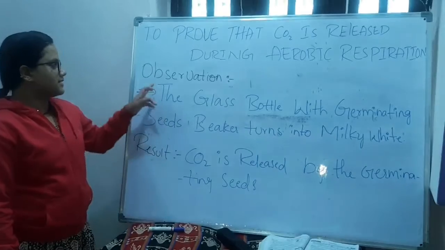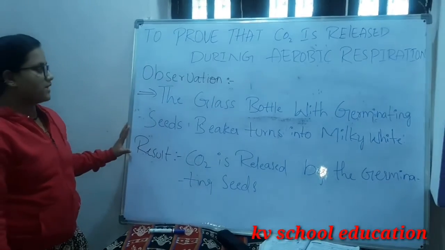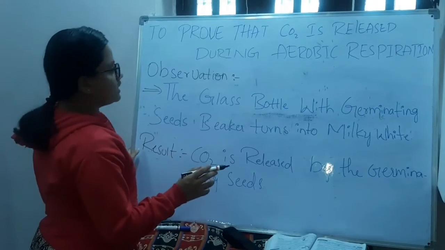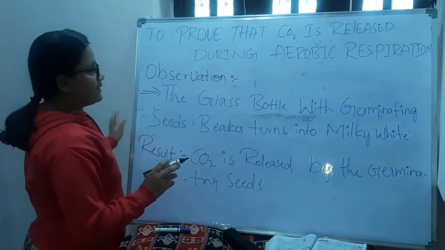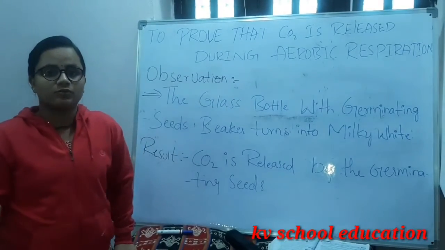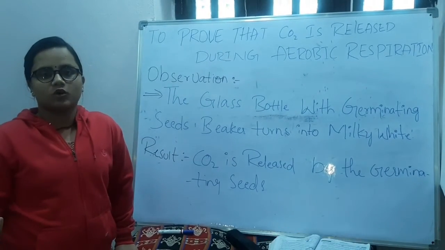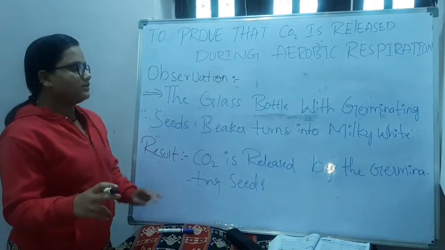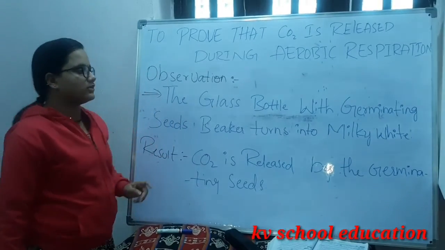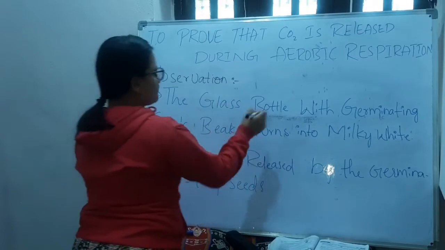Now let us see the observation and the result of this experiment. The observation is that in the glass bottle with the germinating seeds, the lime water in the beaker turns milky white. Milky white means calcium carbonate. When do we get calcium carbonate? When lime reacts with carbon dioxide, calcium carbonate is formed.